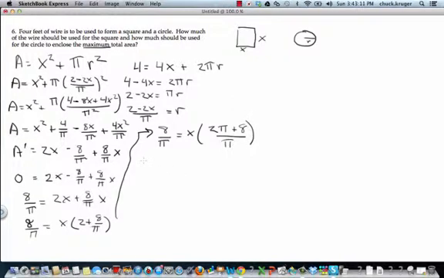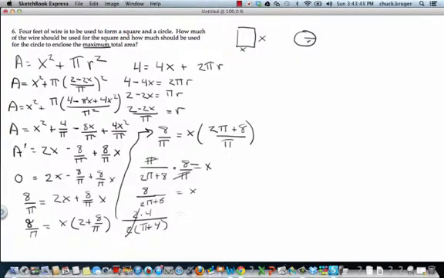So that means I'm going to have pi over 2 pi plus 8 times 8 over pi equals x, and the pi simplifies, and I have 8 over 2 pi plus 8 equals x. I can factor out a 2: I have 2 times 4 on top, and down here I have 2 times pi plus 4.